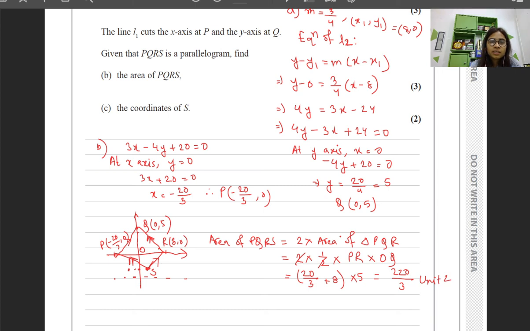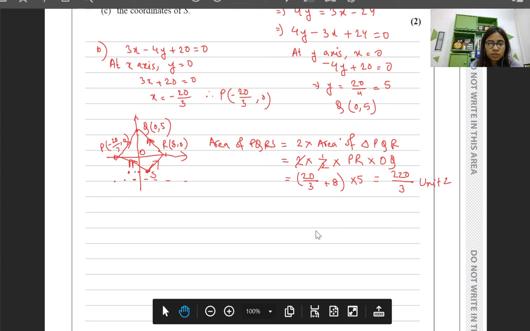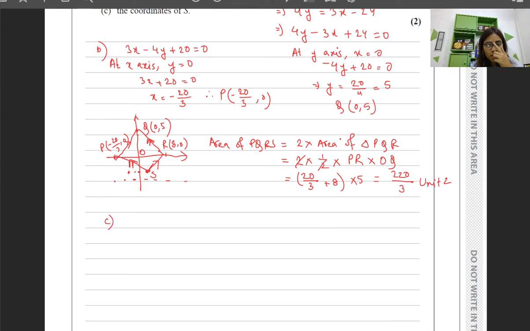Now we will find the coordinate of S. To find the coordinate of S, we can say that the vector QR is equal to the vector PS. So from here we can write OR minus OQ equals OS minus OP.